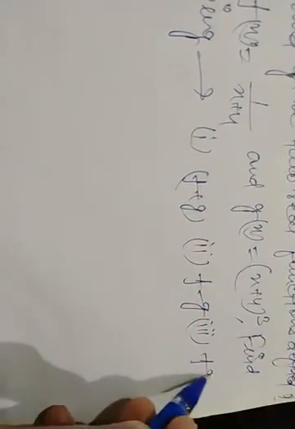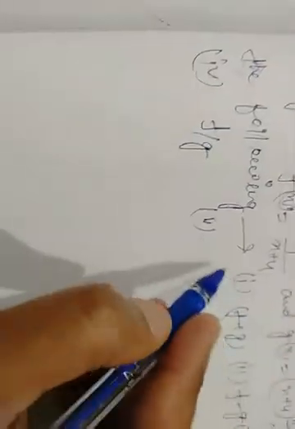Find the following. First one, the sum of these functions, f plus g. Second, their difference, f minus g. Third, their product, that is f into g.